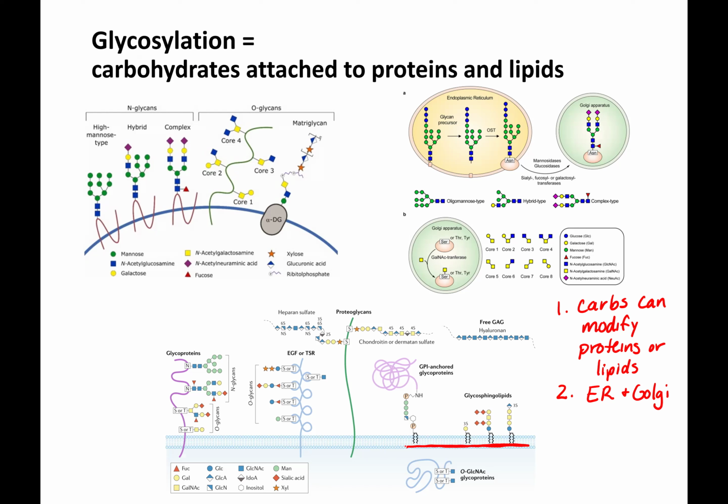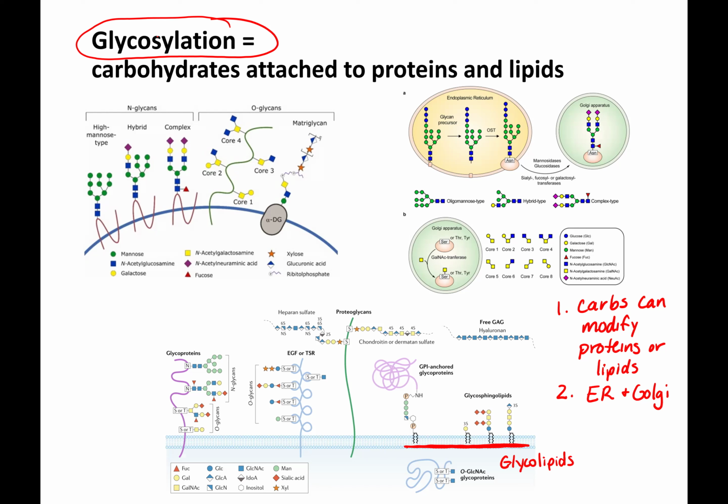So down here, the bottom of the screen, these are what we call glycolipids. And this whole process is shown up here. It's the word glycosylation. So glycosylation means adding carbohydrates to another molecule, such as a protein or a lipid.